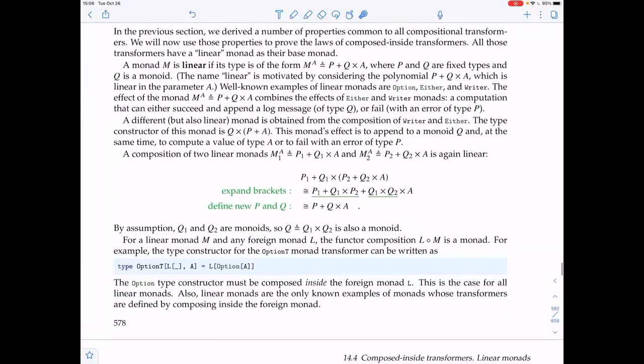So composed inside transformers are limited to linear monads, linear in the sense that they have this form. It's like a linear polynomial in A. So you cannot have any other shape than this.